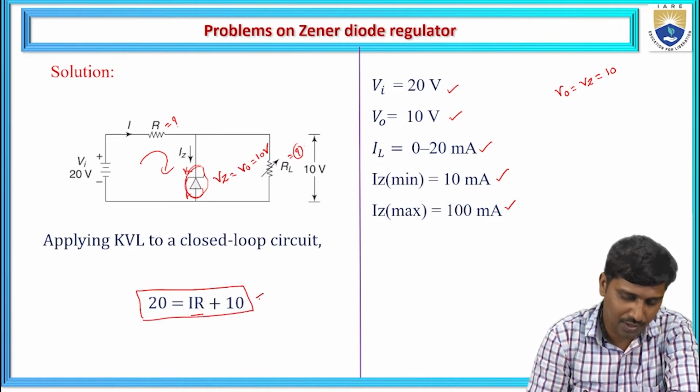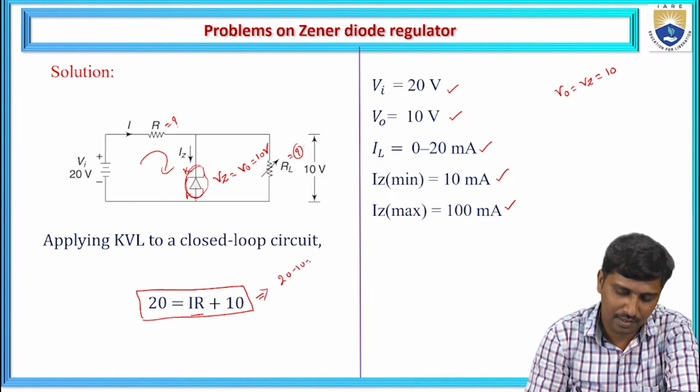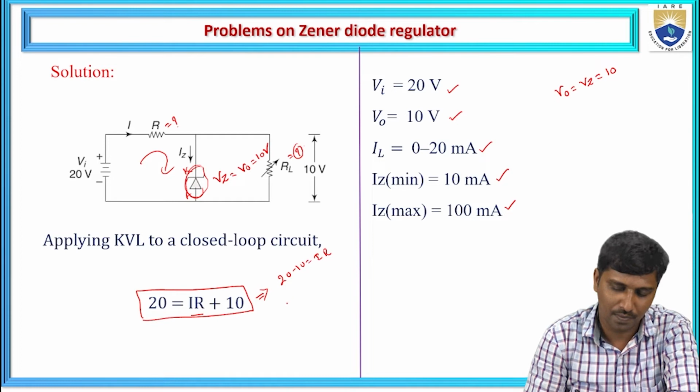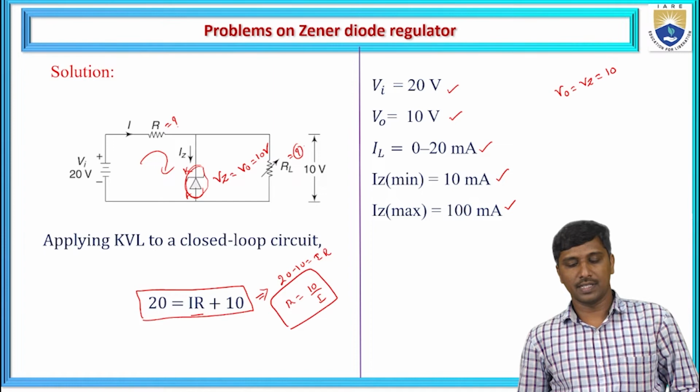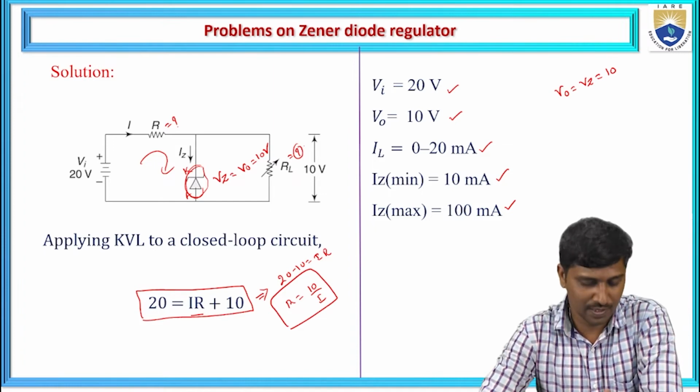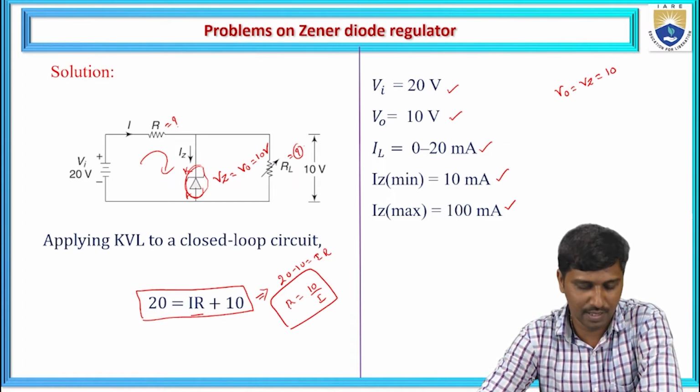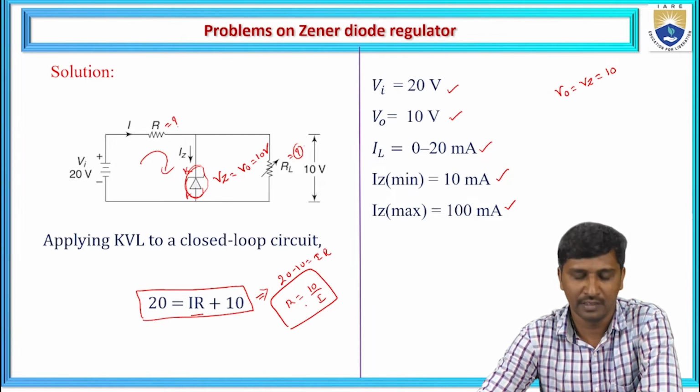From this, I am going to derive some relation. So 20 minus 10 is equal to I into R. Hence can I write R is equal to 10 by I. So this is the condition to solve the input resistance. The relation between this input current and resistance R is R equal to 10 by I.